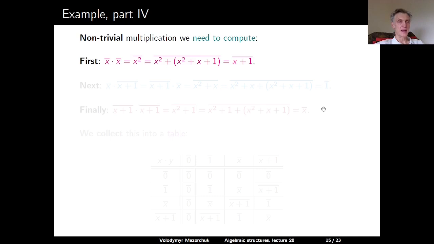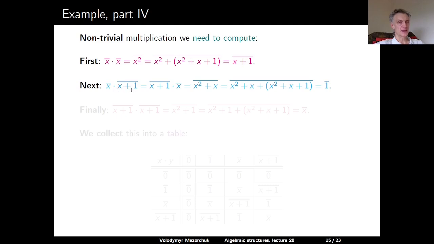Now, in order to determine multiplication, we need to compute. First of all, x times x is equal to x squared, and modulo the ideal, x squared plus x plus 1, that is equal to x plus 1. So we get the element x plus 1, its class.